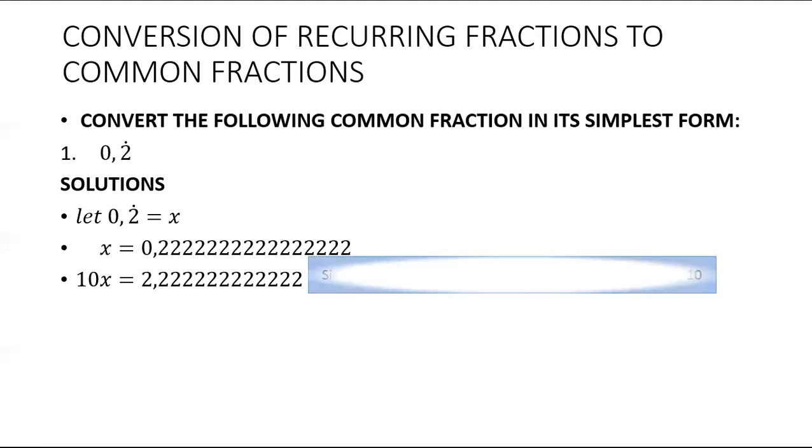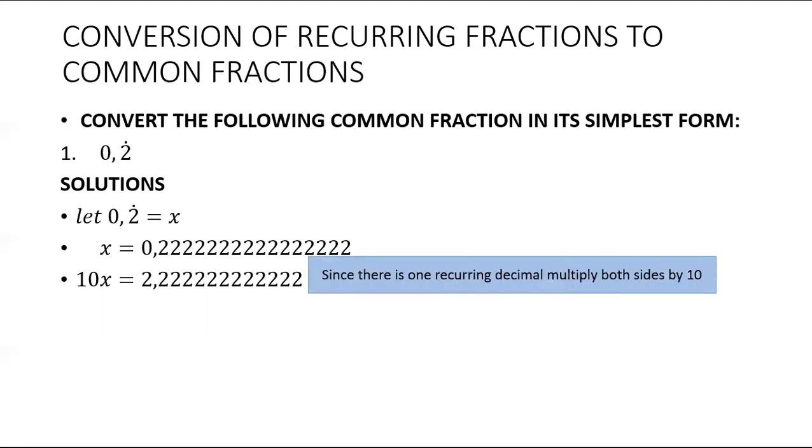As I've said, since there's only one recurring decimal, you will multiply both sides by 10. Now, the first equation will be x is equal to 0,222. The second equation will be 10x is equal to 2,22222.